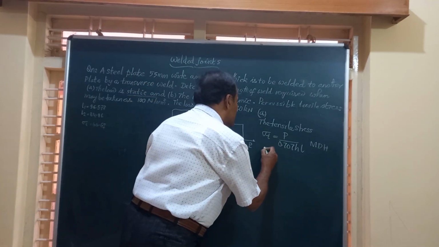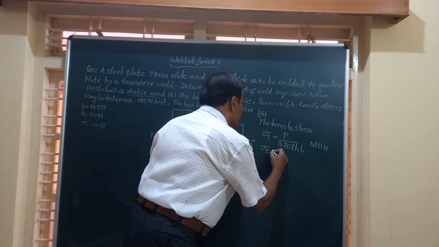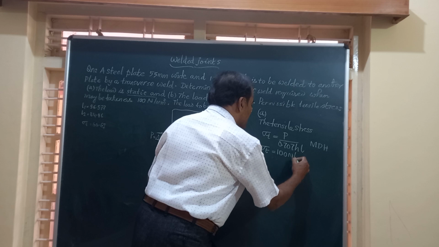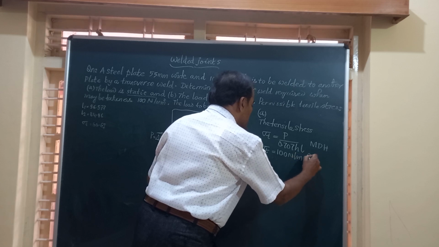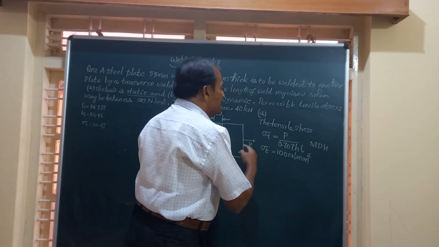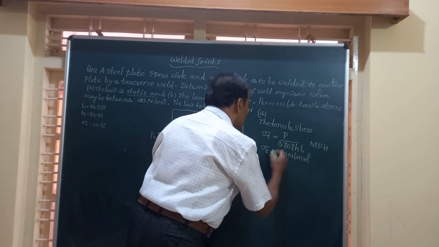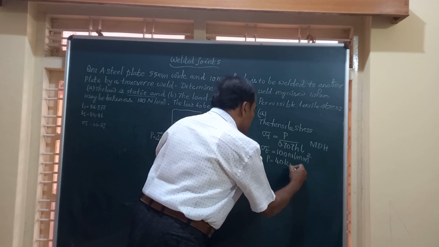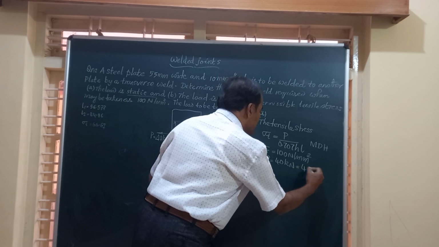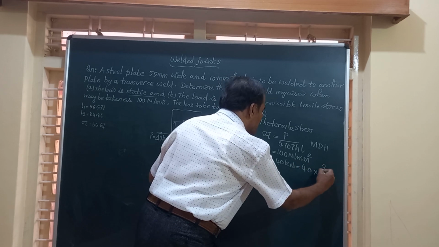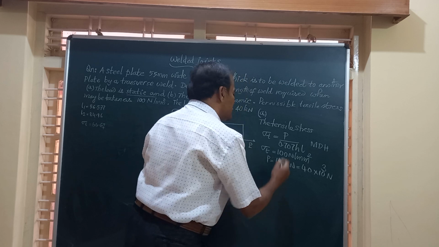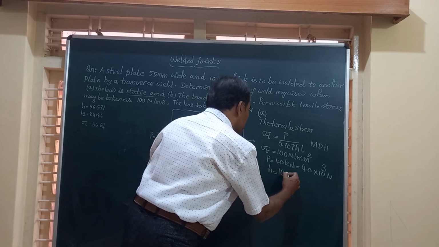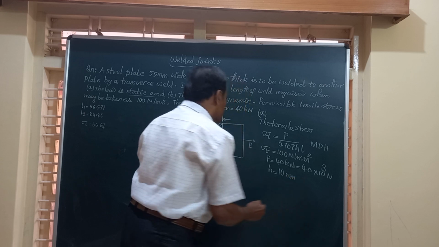So friends, here the sigma tensile is given to be equal to 100 Newton per mm square. This is given in the data, and load P is 40 kilonewton. This is 40 into 10 to the power of 3 Newton. And friends, the value of H is the thickness of the plate, that is 10 millimeter.